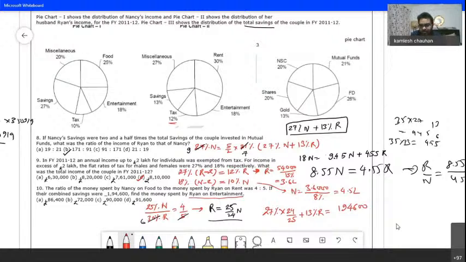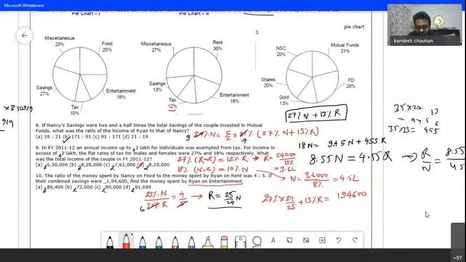So if we calculate, again a bit lengthy calculation, but we should do it. 168, 16 carry, 48. So we'll have 64. Then we have 25 into this number, which is 325, 25, and we can divide by 100 for the percentage as well.